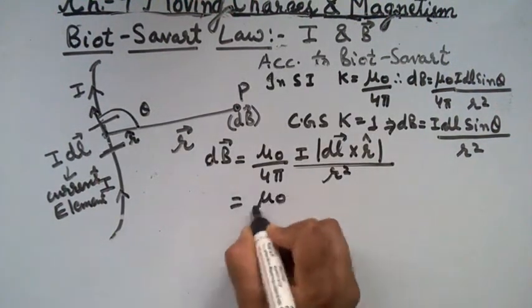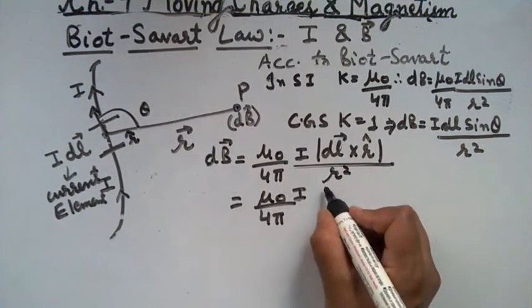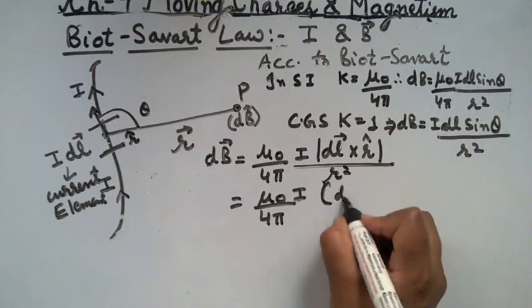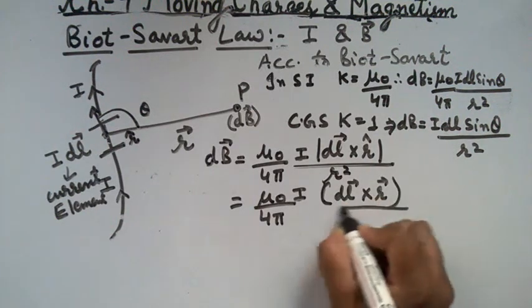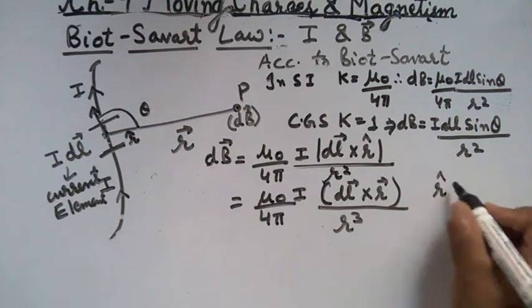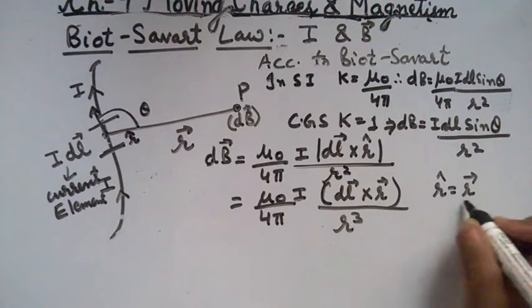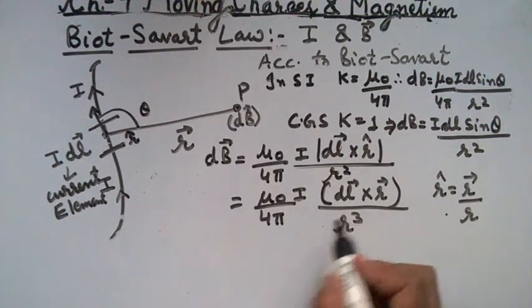On further simplifying it, we can write I dl cross r vector by r cube, as we know that r cap is r vector by magnitude of r. We have substituted the value.